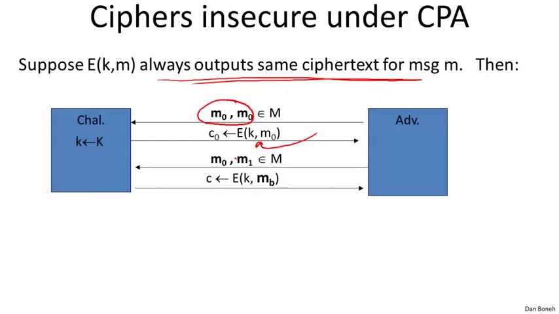But lo and behold, we said that the encryption system always outputs the same ciphertext when it's encrypting the message M0. Therefore, if B is equal to 0, we know that C, this challenge ciphertext, is simply equal to C0 because it's the encryption of M0. However, if B is equal to 1, then we know that this challenge ciphertext is the encryption of M1, which is something other than C0.